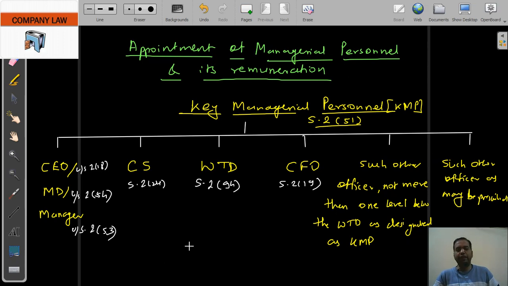So who is directly reporting to the WTD, that is the whole-time director, may be called a KMP. Such other officer as we prescribe. So these are all the KMPs. We are going to talk about their role and their appointment, as well as the remuneration part of it.